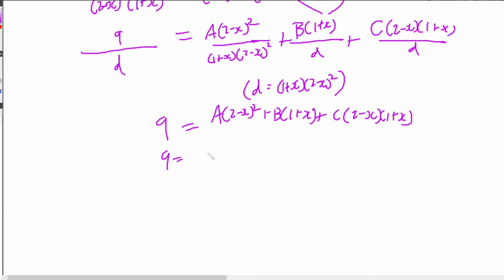If we expand all the terms here, we get a times (x squared minus 4x plus 4) plus b times (1 plus x) plus c times, well, let's see, minus x squared minus x plus 2x, so that's really plus x, and plus 2, so minus x squared plus x plus 2 is what we have here.